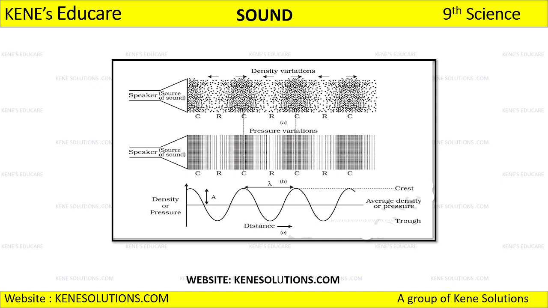And you can see the pressure variation and density variation that have been given. This is how compressions and rarefactions are always going to be there when it comes to sound. On the basis of this compression and rarefaction, we make the density or pressure graph, showing how exactly the crest or the trough looks like. Okay.